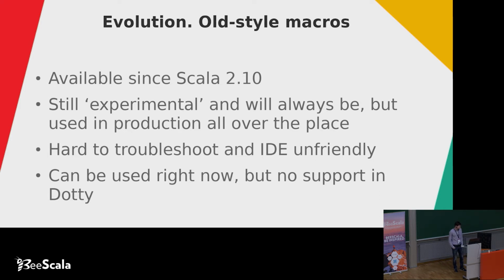But how many projects do you know that are using macros, like production-ready projects? None? OK. At least today's totalitarian. It's maybe not yet production ready, but it's one. Don't forget SBT, which is using it all around the place. Also cats, they use macros as well.